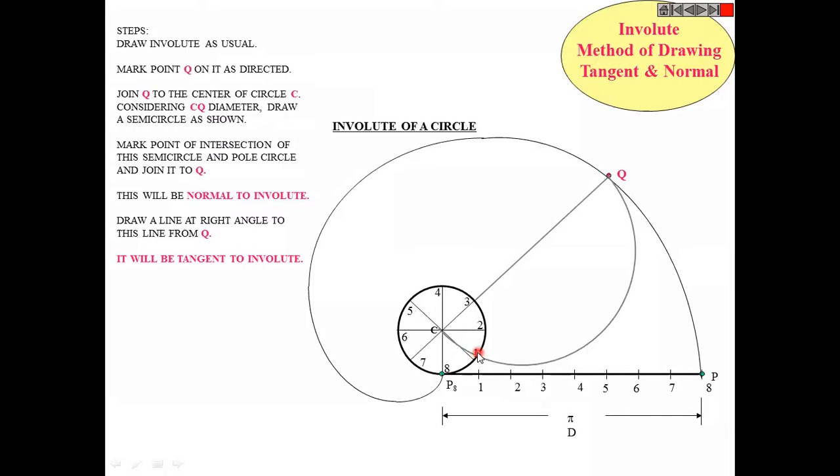Here it is. You join that point and the given point. That red line what you join is your normal, and a line perpendicular to that line at the given point is the tangent.